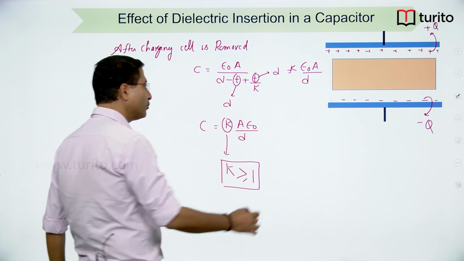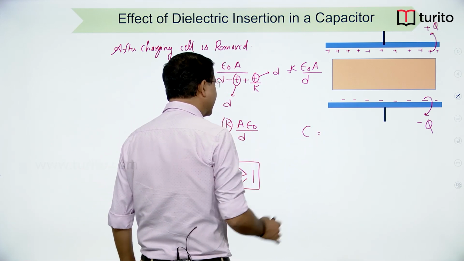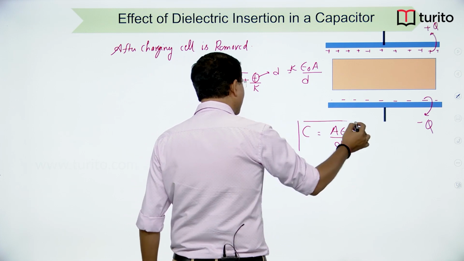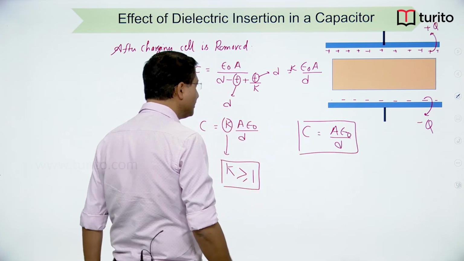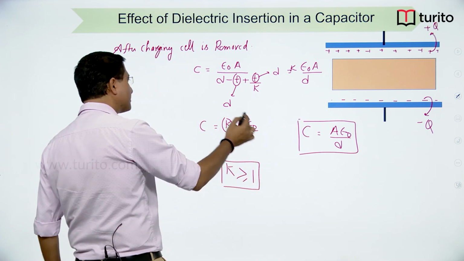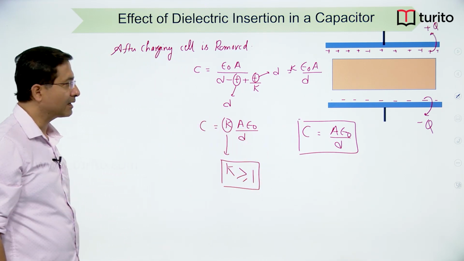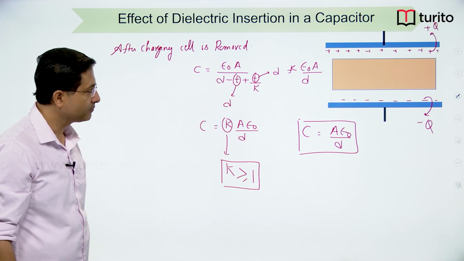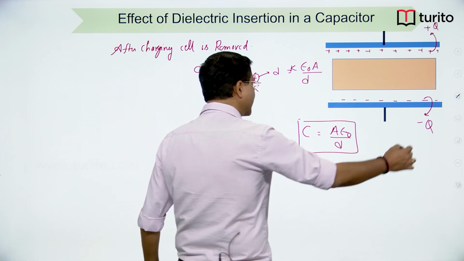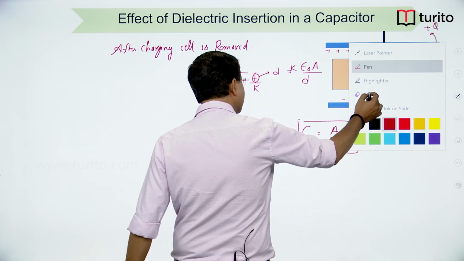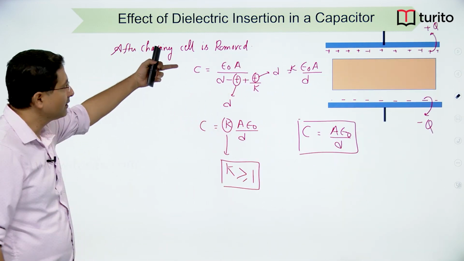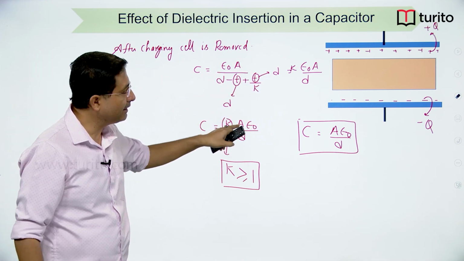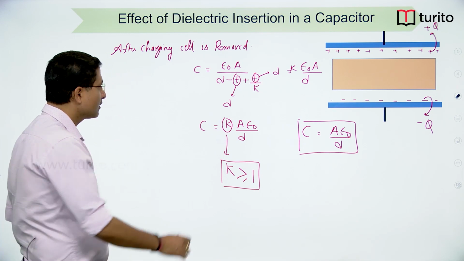Earlier, when no dielectric was there, the formula was epsilon naught A by D. So initially the capacitance was this, and now the capacitance has become K times A epsilon naught by D. So you can see that the capacitance got increased, and using the formula we derived, we got this result, K A epsilon naught by D.